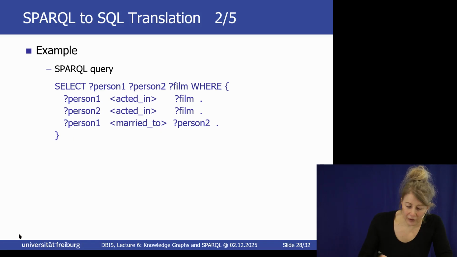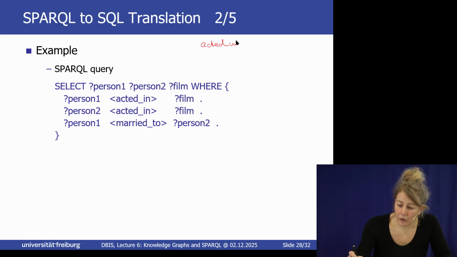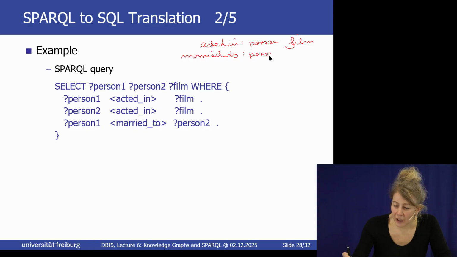So the acted in table has two columns. It has a column for person and for film, and the married to table has two columns, the one person and the other person.